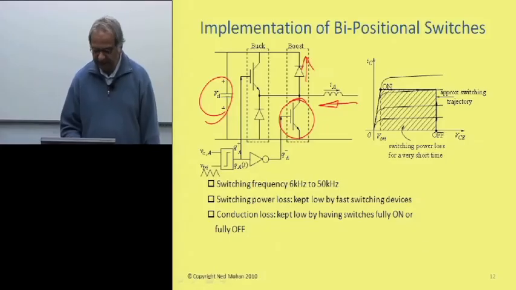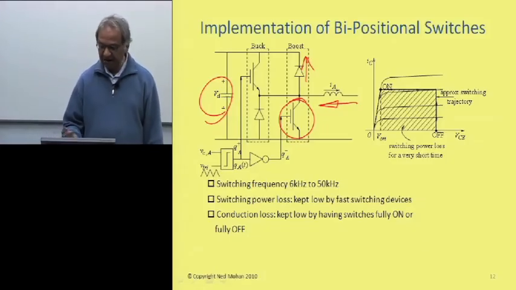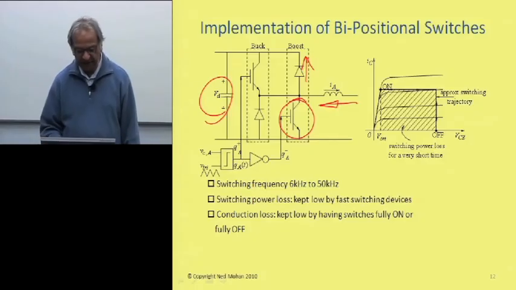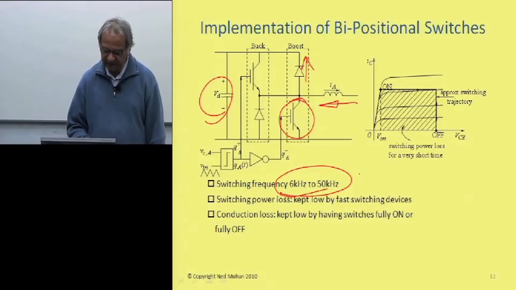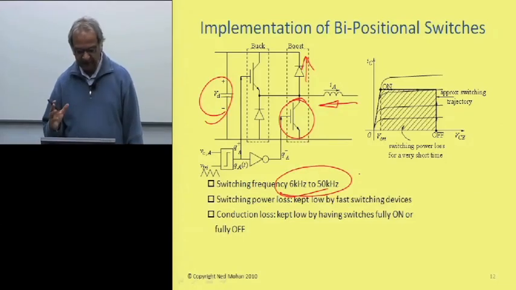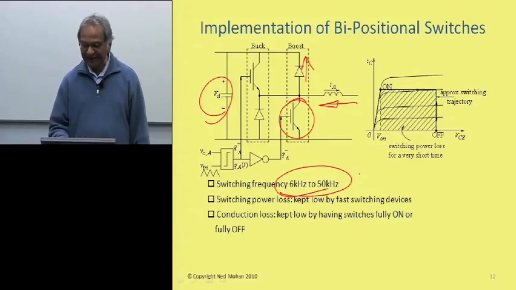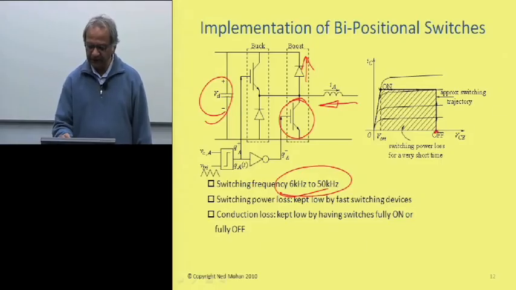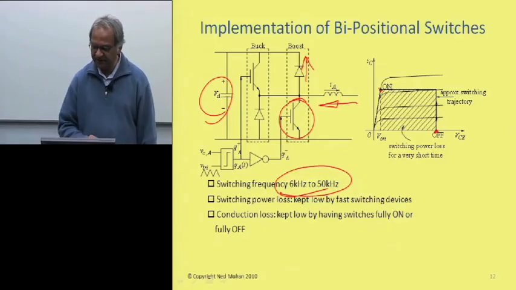So quite often we use MOSFETs or IGBTs, as will be described later on, and the switching frequencies could be easily in some range like this here. But the idea is that we must keep the switching losses low, because every time a transistor goes from off state to on state, there will be some switching loss, and the approximate trajectory is shown.